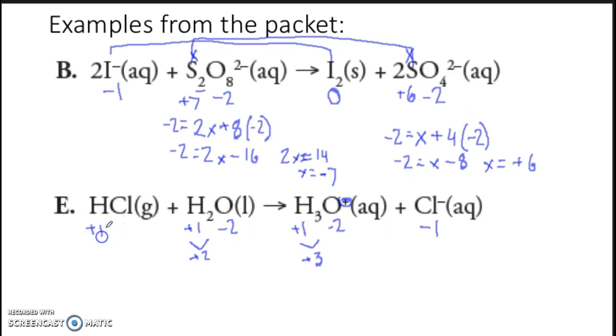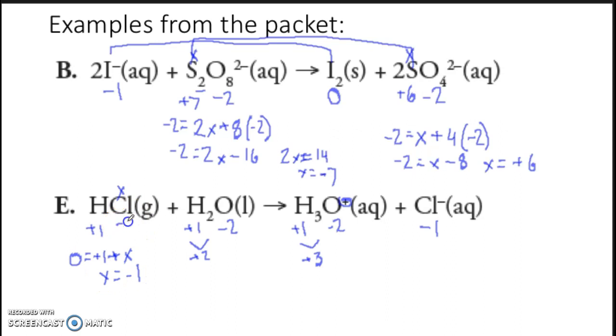And then I've got this hydrogen. That's a +1. So in theory, I could assign this chlorine as an X, and that would be a very simple equation. I've got nothing here, so 0 equals a +1 plus X. So obviously X has to be a -1.